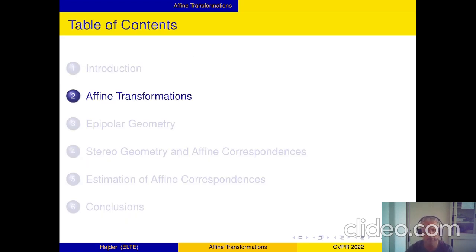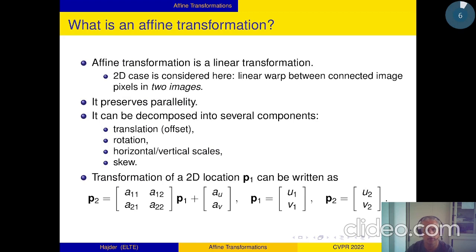Now let's overview what an affine transformation is. The affine transformation is a linear transformation, which means that the input are two-dimensional coordinates, and the output will be also two-dimensional coordinates after the affine transformation, and the linear transformation is applied, which means that we multiply the coordinates and the affine parameters, and we add these sub-results.